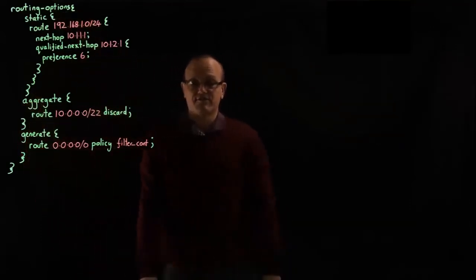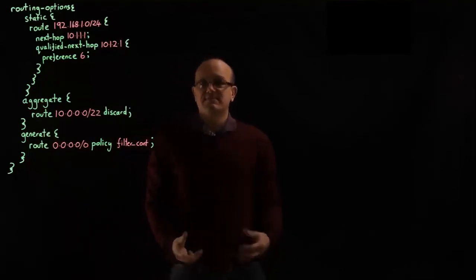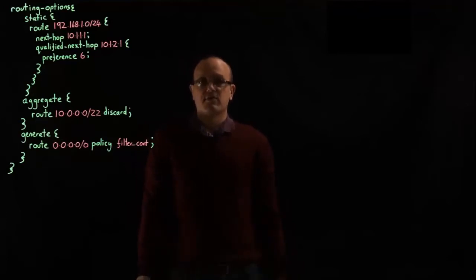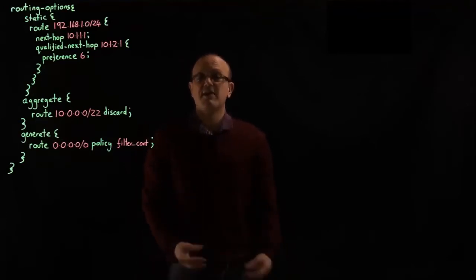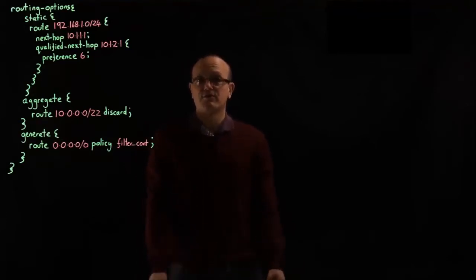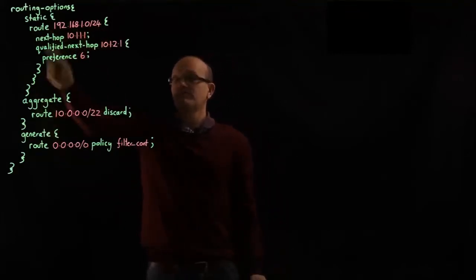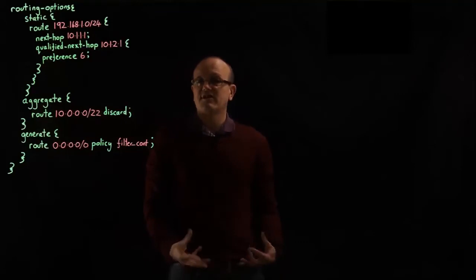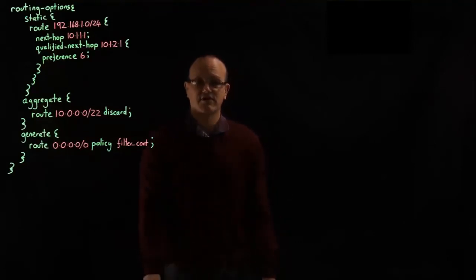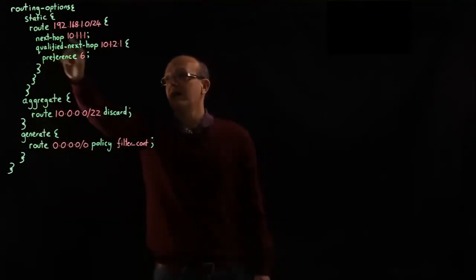And with static routing, as the name suggests, we're statically specifying routes and where we want to send traffic that's encompassed by those routes. And we do this by configuring a route that encompasses the destination IP addresses that we're going to be sending traffic to, and a next hop.